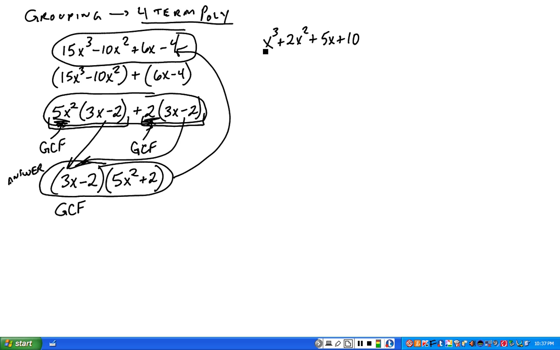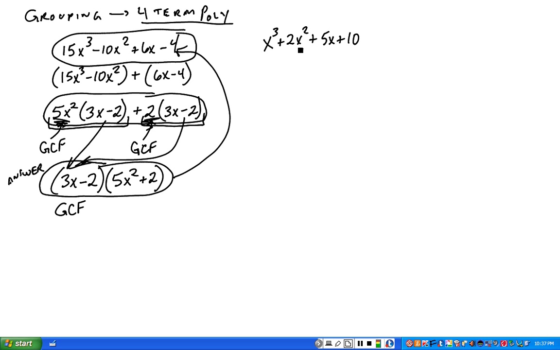I have a 1 here, so the fact that I have a 1 as a coefficient automatically tells me I'm not going to be able to factor anything out, because nothing goes into 1 but 1. If one of my coefficients is a 1 or a negative 1, then you already know you won't be factoring out a common coefficient.